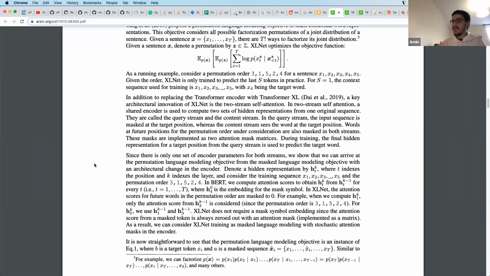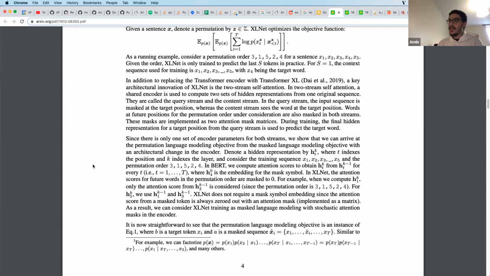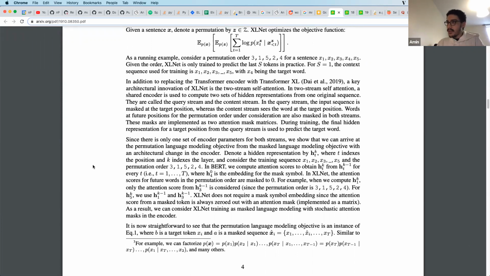Okay, so how does this relate to BERT, and how does this relate to the framework that we're interested in? They argue that because the two streams share one set of parameters, the permutation language model is just a BERT model, or part of a BERT model, the MLM, except you are applying random masks in the encoder to tokens in your sequence.